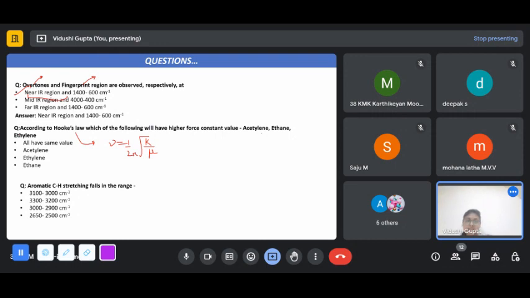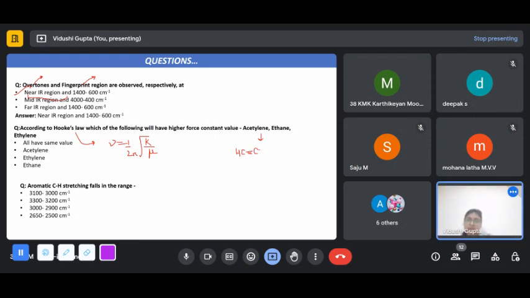Ethylene will have the highest. Option C, ethylene. Why ethylene? Ethylene is not a triple bond.